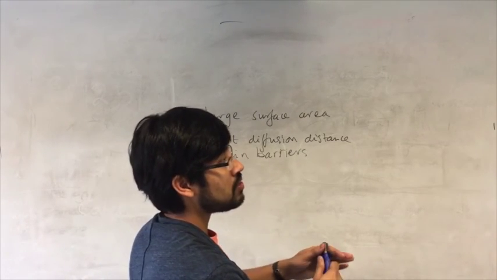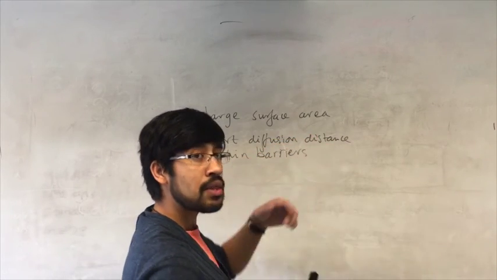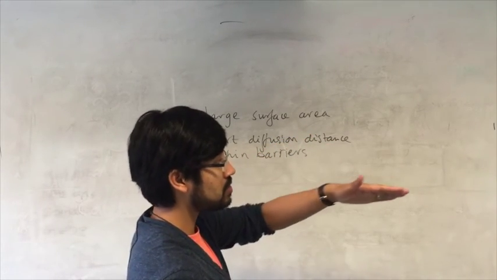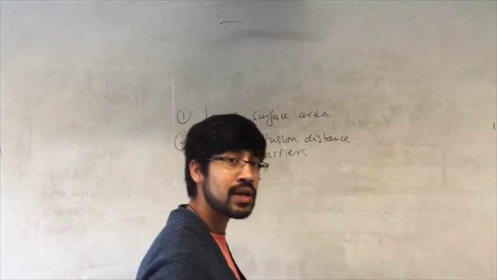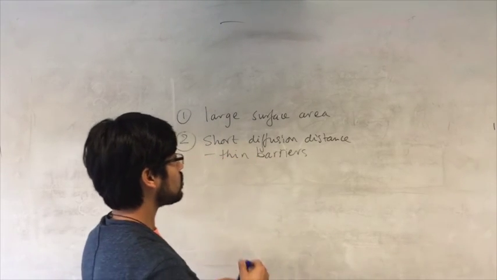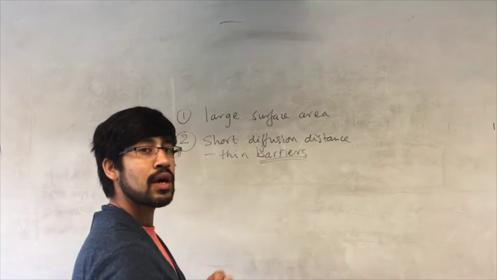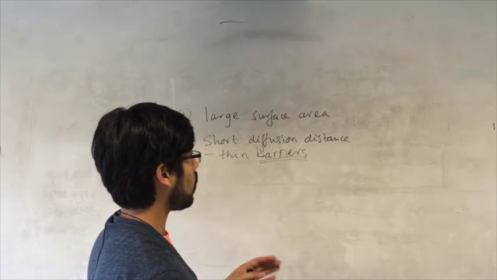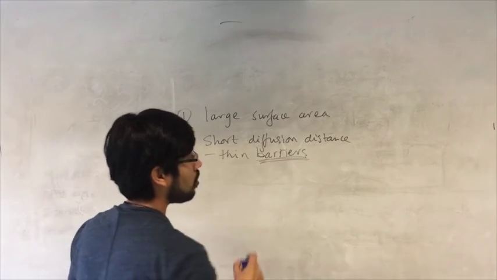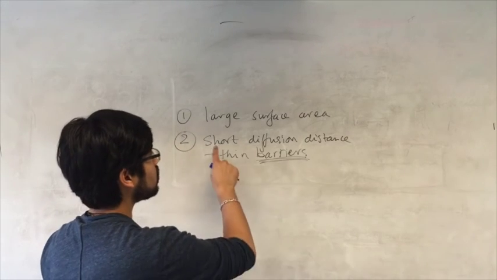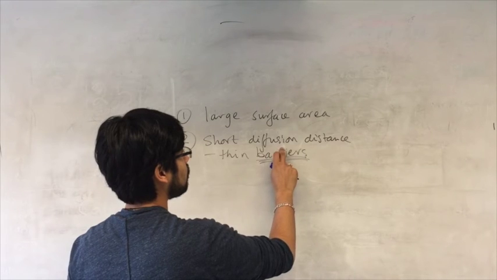If oxygen needs to move from the tissue fluid into the cell, in that case, the barrier is just the cell membrane. Okay, and if we're talking about plants, in that case, there's going to be a cell wall as well. So a barrier can be many things, and so to keep things applicable to many different circumstances, we're going to use the general term of barrier. Okay, so short diffusion distances are maintained by thin barriers.